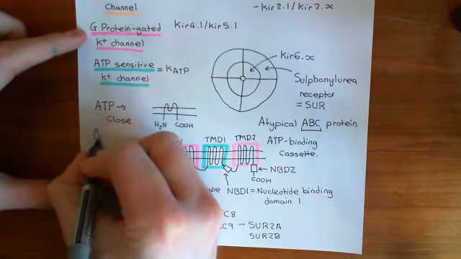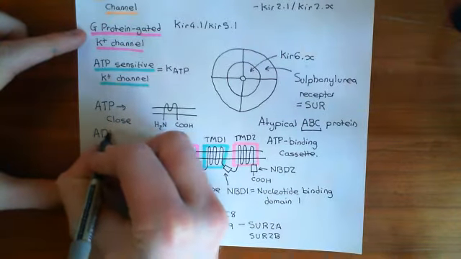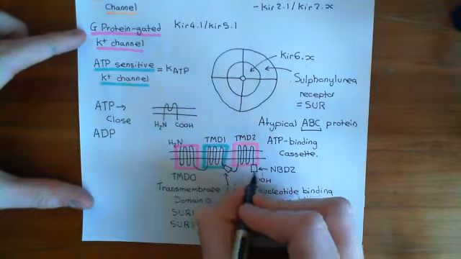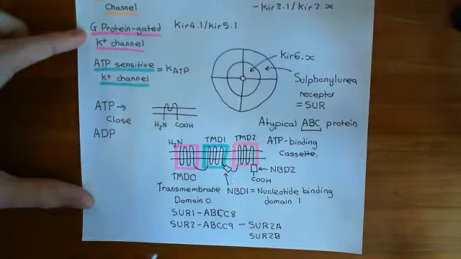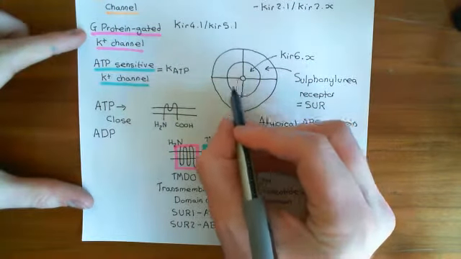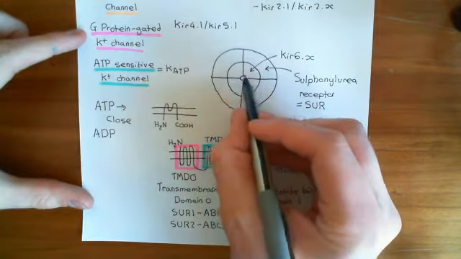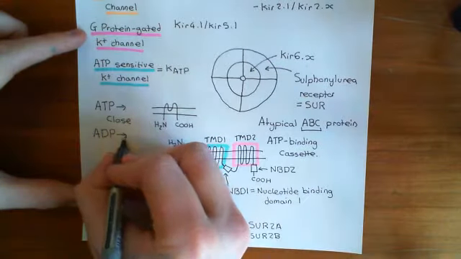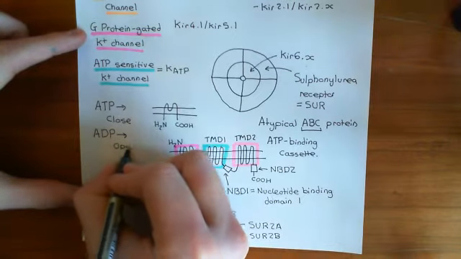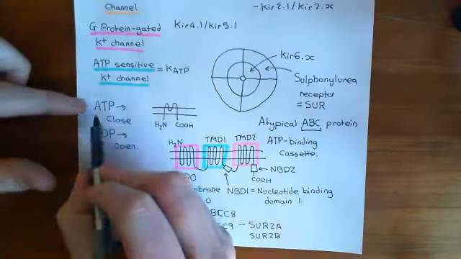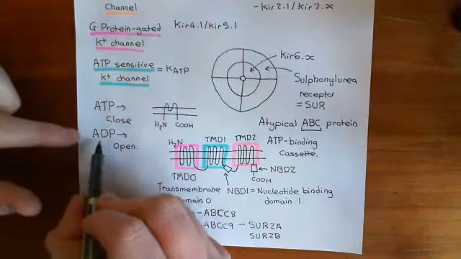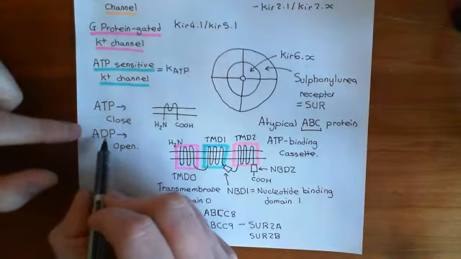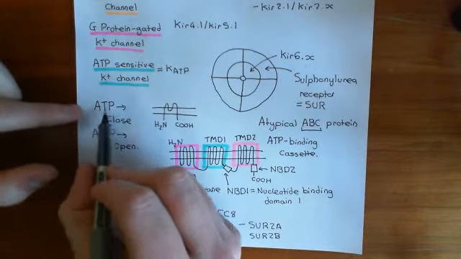Meanwhile, if ADP goes up in the cytoplasm, ADP will bind to the sulfonylurea receptors through the nucleotide binding domains, and then the sulfonylurea receptors will interact with the inwardly rectifying potassium channel subunits of the 6th family and cause the channel to open. So what does this mean? It means that when there is very high ATP in the cell, obviously that means there'll be less ADP, because in order to make ATP, you take the ADP and add a phosphate group onto it to create ATP.